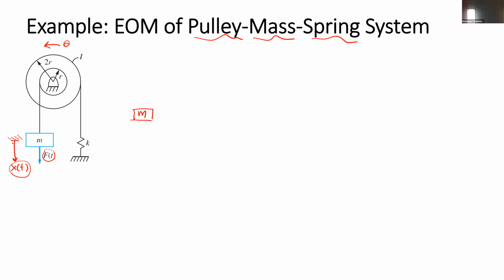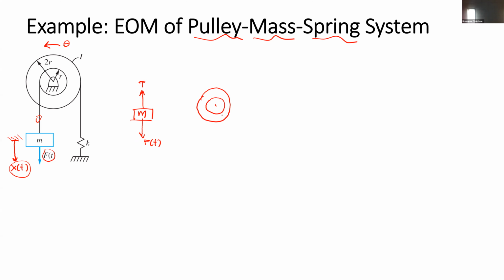So the mass m is pulled down by the force Ft, and this is the rope. The rope is under tension, and the force in the rope goes upward with the magnitude of T, which is still unknown.